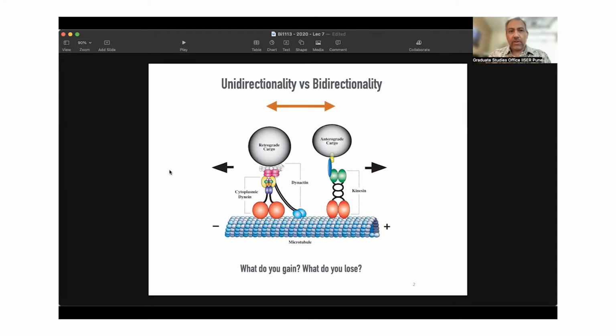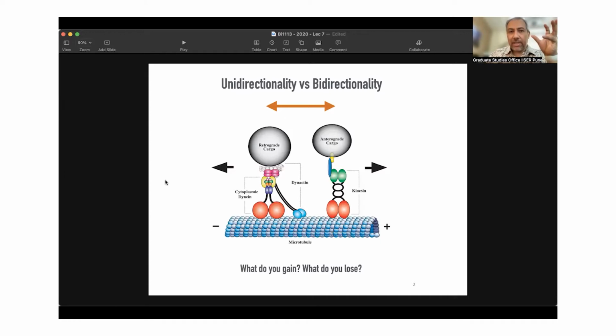As was just mentioned, the complexity of this regulation may actually be more in the context of a bidirectional motor protein, because you will have to control more things: to decide when that switch happens, what that regulatory mechanism is supposed to be. So regulating or controlling a bidirectional motor protein may be more complex than a unidirectional motor protein.